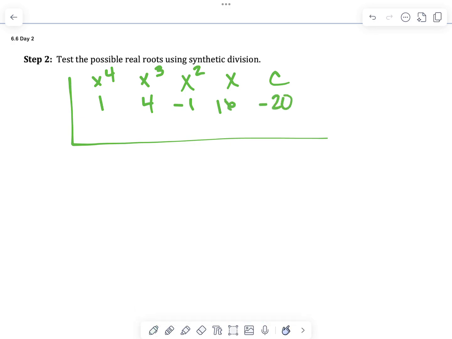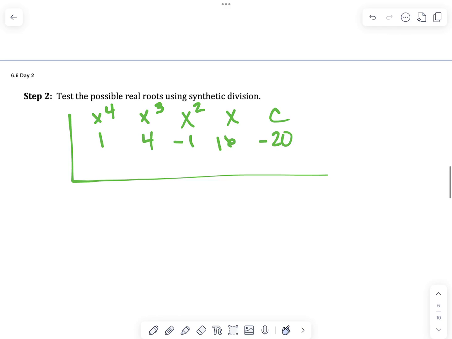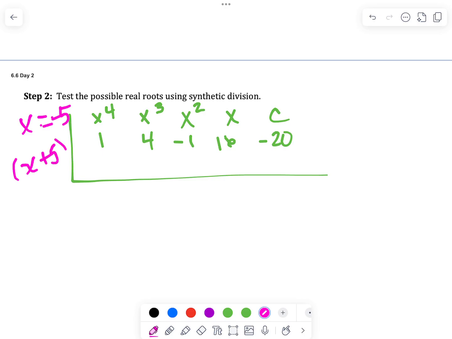Now I get to choose. You can either choose to start with -5 or +1. I'm just going to start with -5. So as a factor, it would be x minus -5 or x plus 5. And now we do our synthetic division.